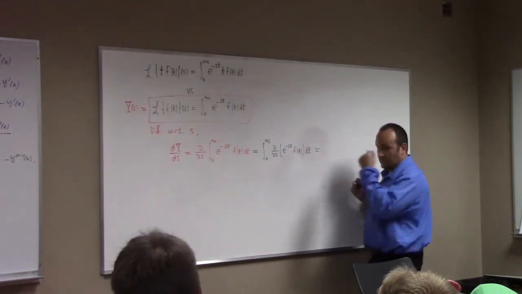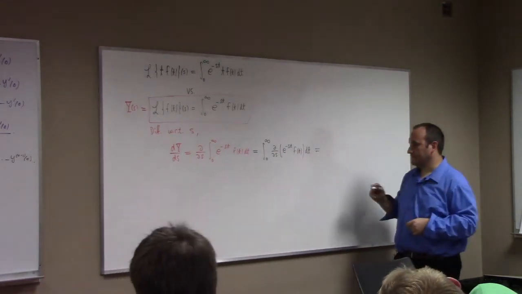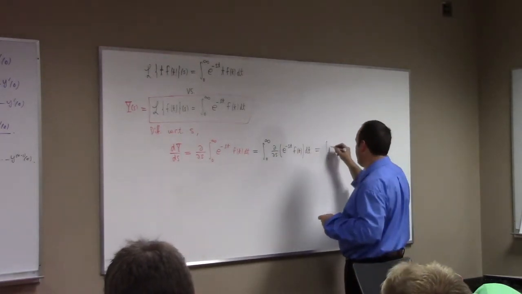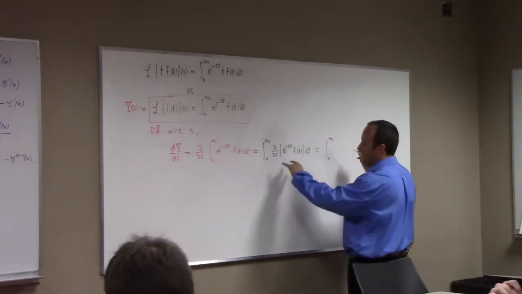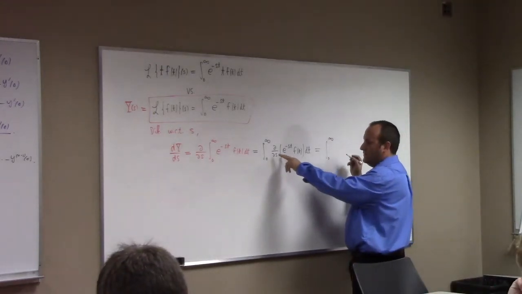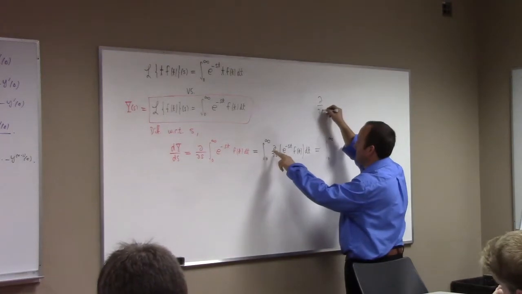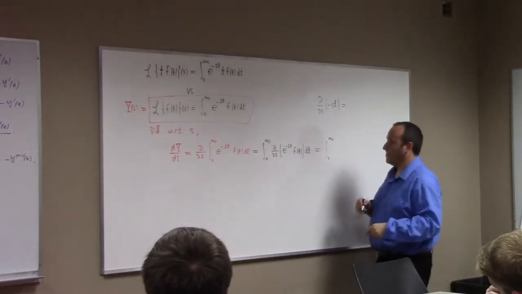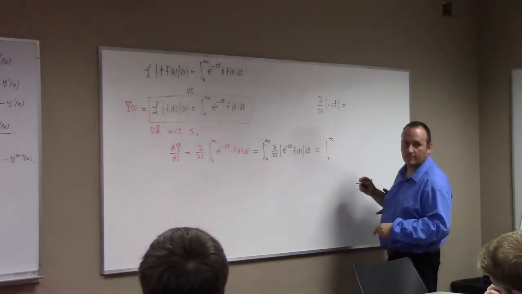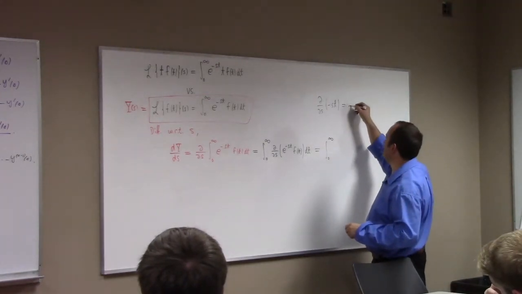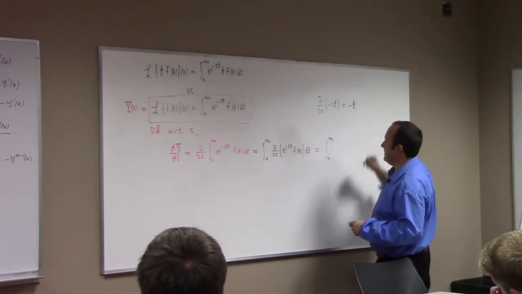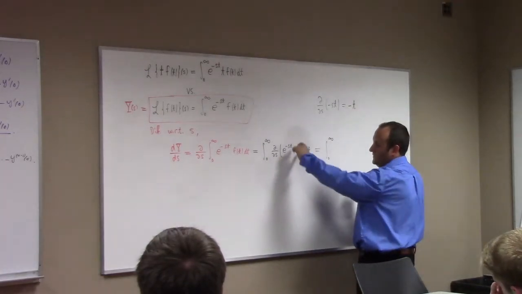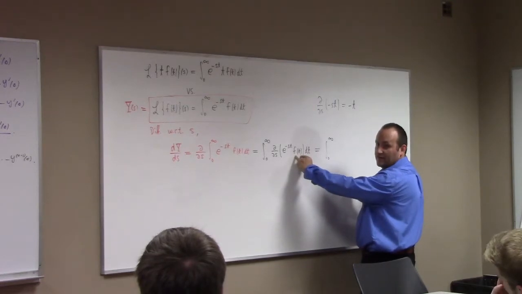What's this derivative? Well, what's the partial derivative with respect to s of minus st? We say minus what? Yeah, minus t. So this f of t has no s dependence. That pulls out of the differentiation.